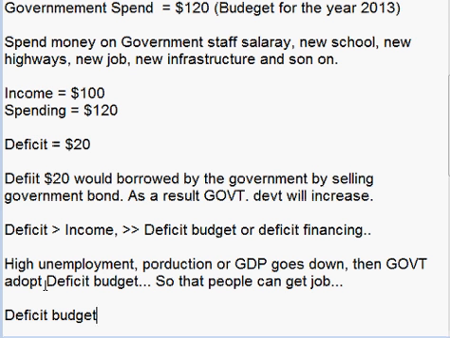But the problem is that the debt of the government goes up.